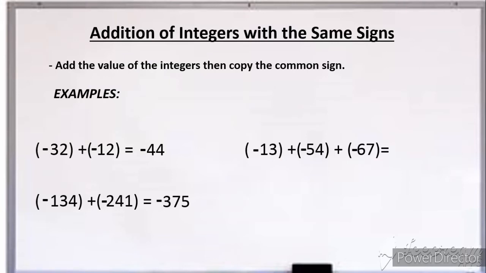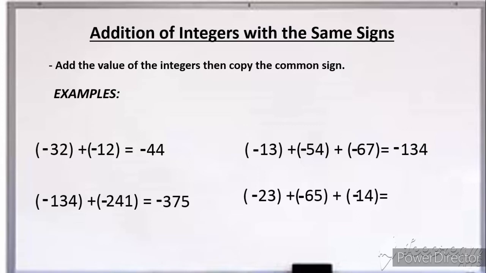Three numbers: negative 13 plus negative 54 plus negative 67. The three numbers are negative, so you have to add 13 and 54 and 67, that is 134, and you have to copy the common sign, which is negative.